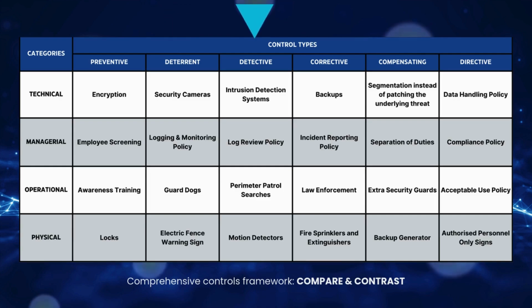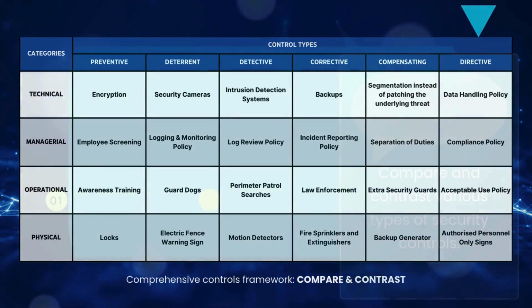Detective controls, obviously, are focused on identifying and detecting those security incidents, while corrective controls come in after an incident to mitigate its impact. Also, compensating controls are usually alternative measures to compensate for inadequate primary controls. Finally, directive controls are policies and regulations that provide specific guidance.